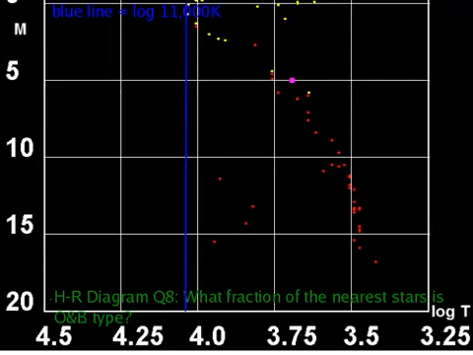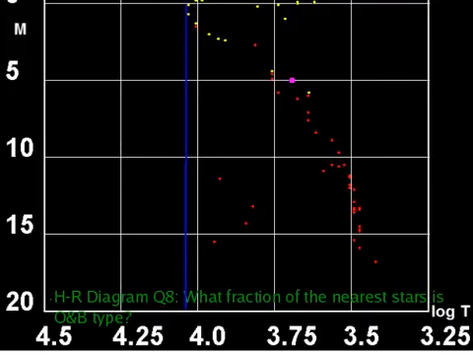Well, of course, let me write that a little bit lower, because otherwise we don't even see anything. Oops. I undid one step too much. Yeah, essentially what we're concluding here is that none of the nearest stars are actually O or B type.